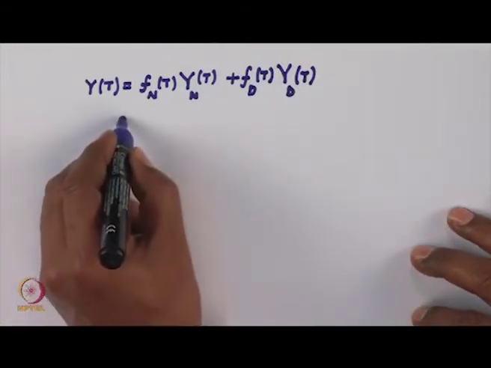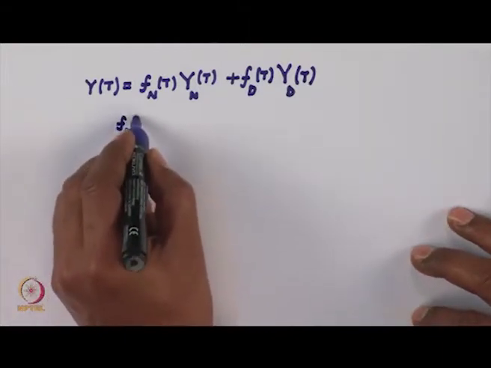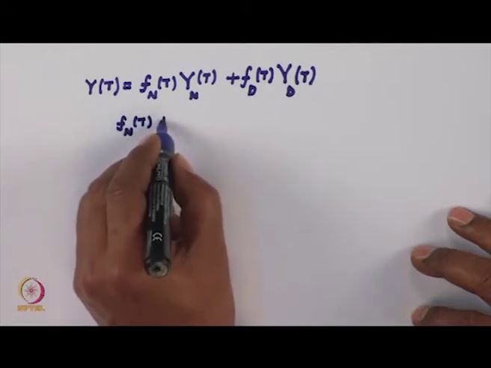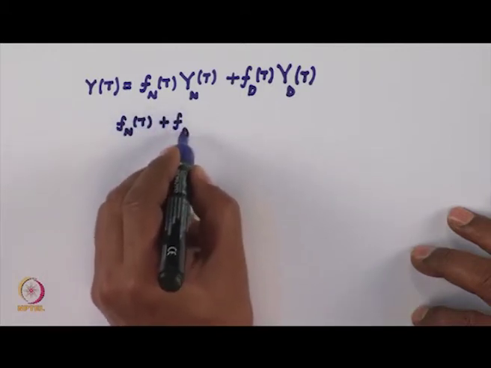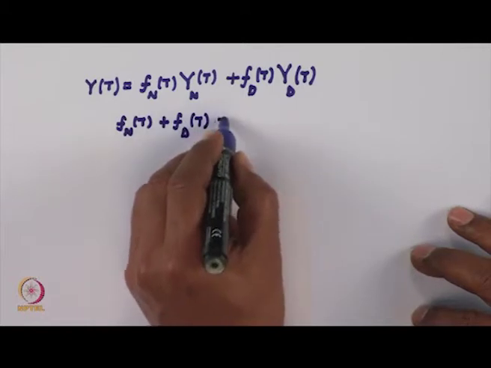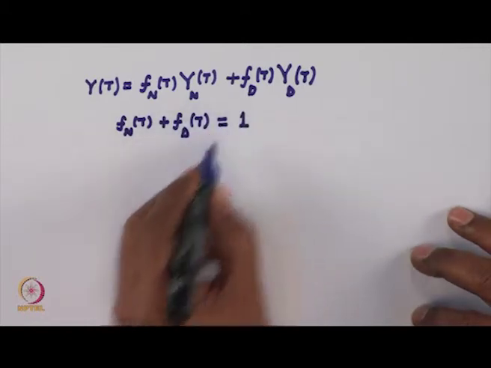We know that Fn at any temperature plus Fd at any temperature, all the fractions when you add, has to come out to 1.